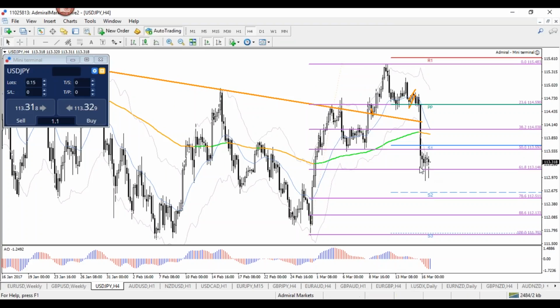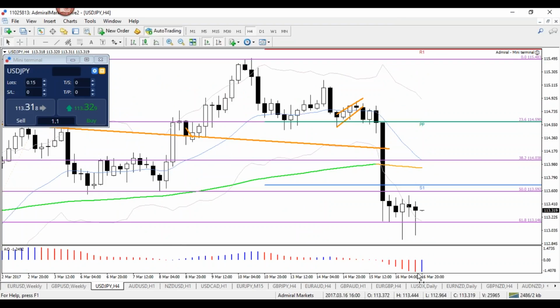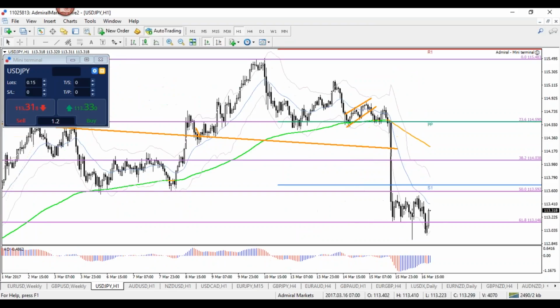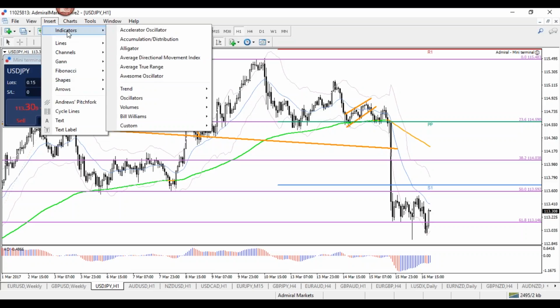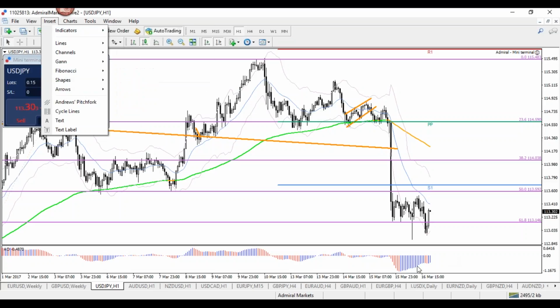The 61.8, not breaking through it. These wicks still not broken. So the low of those wicks, I should say. The 1 hour chart is not showing divergence because the oscillator has not gone back to the zero line. Not the diagonal oscillator, at least. This is so-called bad divergence because the oscillator has not returned to the zero line, which means that this is still one piece of price action to the downside.